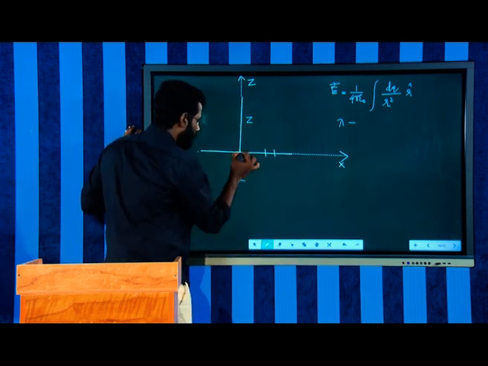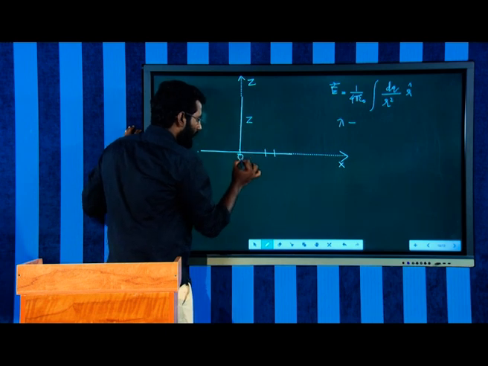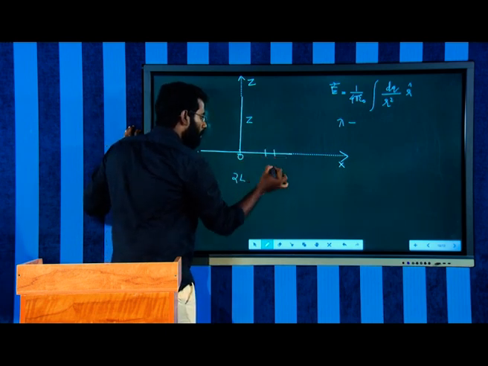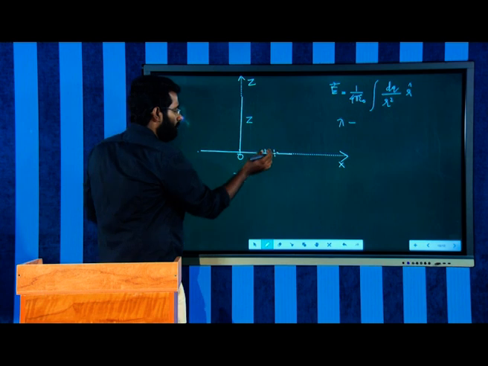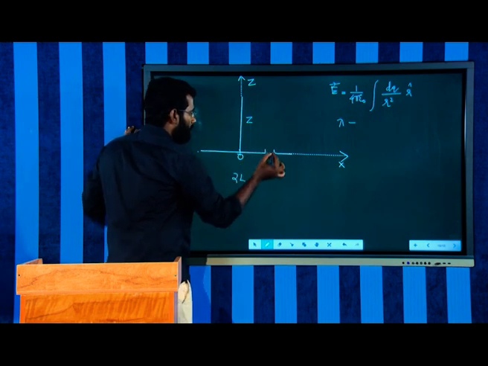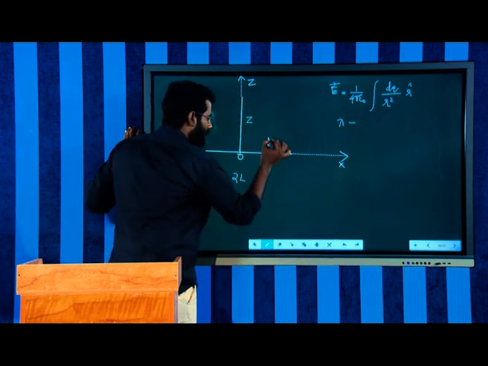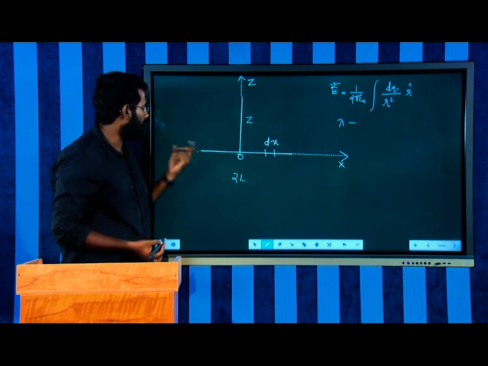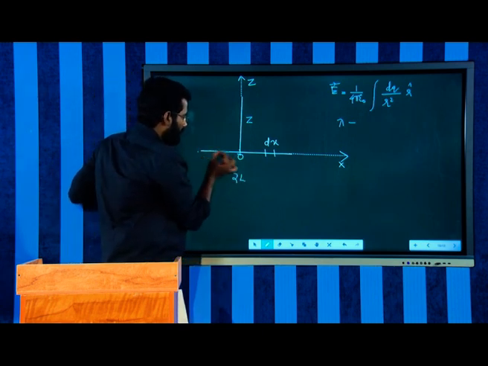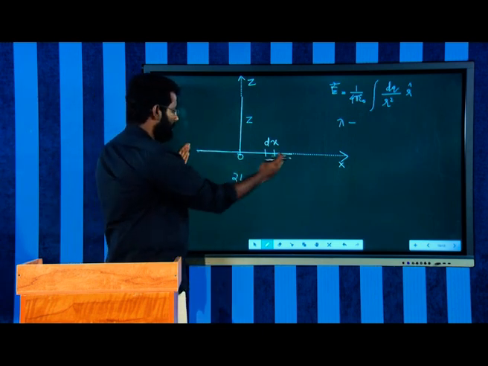Let me mark this point as the origin, and this is the small element of the total length; let me call it dL. Instead of dL I will put dx. Now, you can see the total length of this line is 2L.